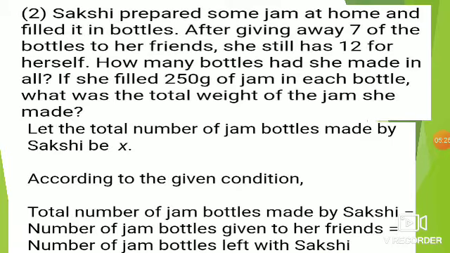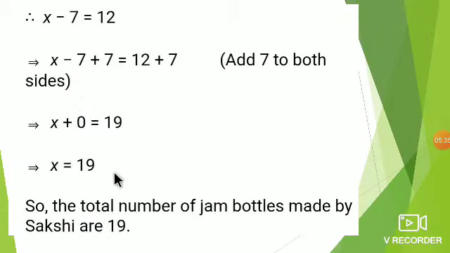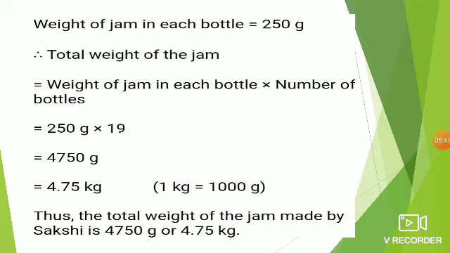So, what is given here? In one bottle, she filled 250 grams of jam. So, in 19 bottles, because the total number of bottles is 19, how much jam did she make? Now we have to find out.